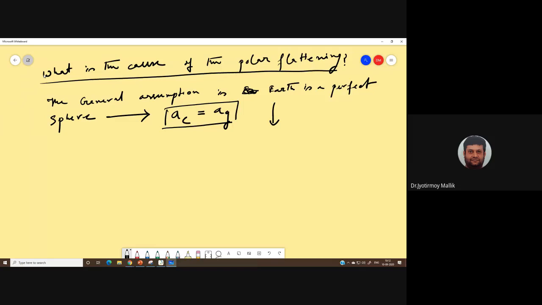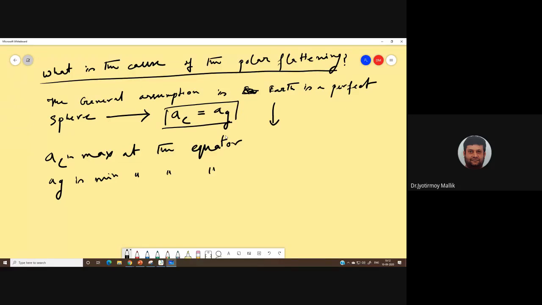And what we observed then is that the centrifugal acceleration, AC, is maximum at the equator, and AG is minimum at the equator.